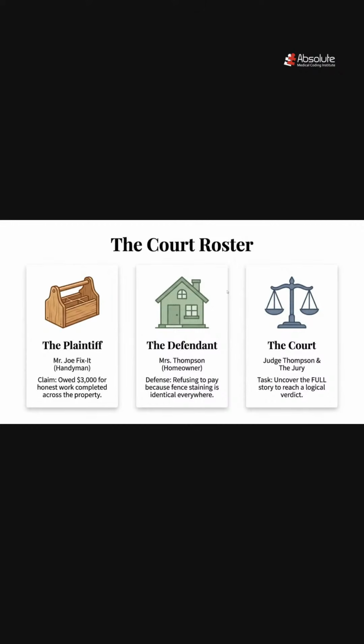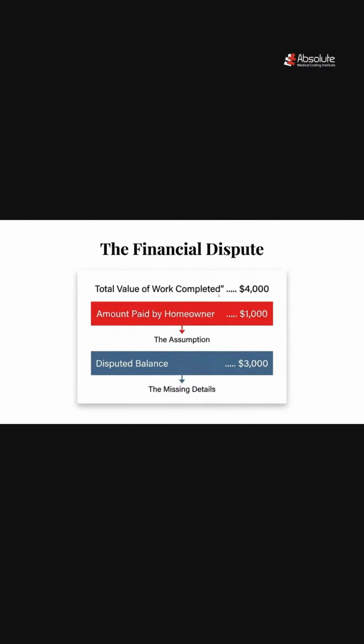He says, hey, Mrs. Thompson, you owe me $3,000. And he brought it to court because he wanted the court to make the decision. Is he entitled to more money? So essentially, he said, you owe me $3,000, and I quoted you $1,000 per fence.